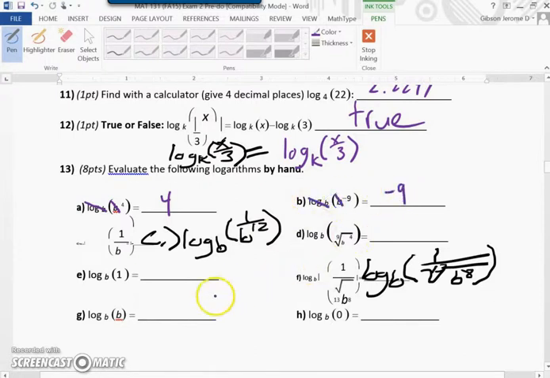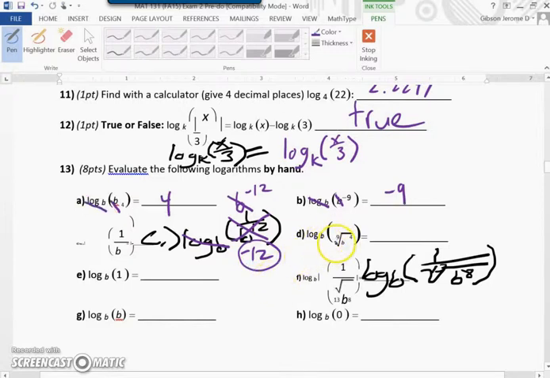The exponent is left. Now c, we have log base b of 1 over b to the 12th. We could rewrite 1 over b to the 12th as b to the negative 12. So these log b's simplify out, and your final answer would be negative 12. Does everyone follow that?